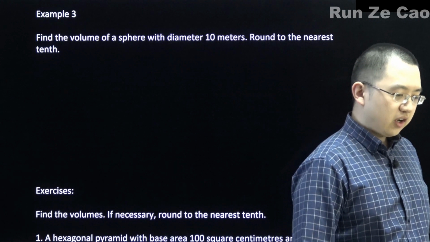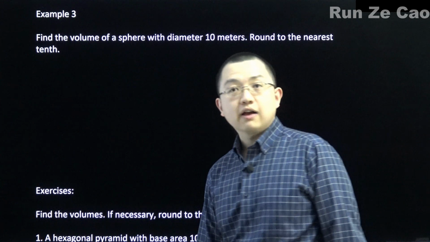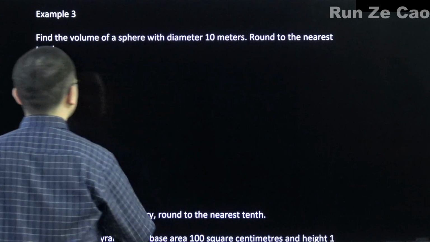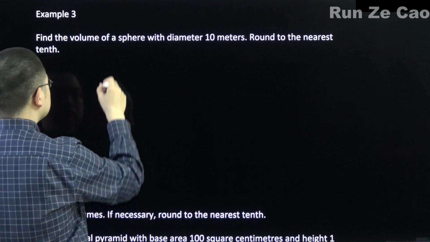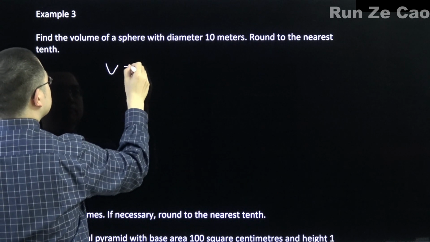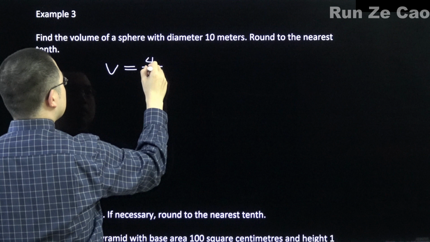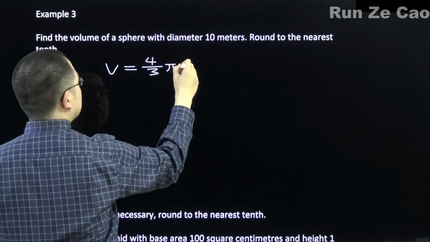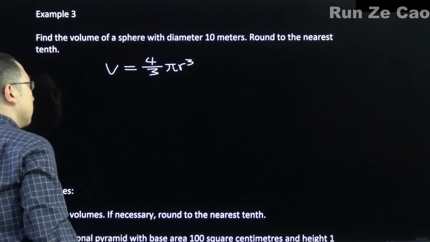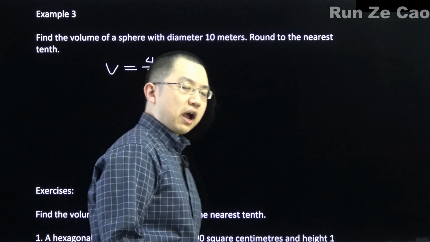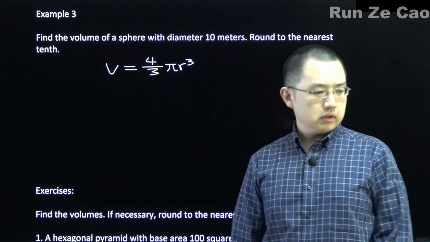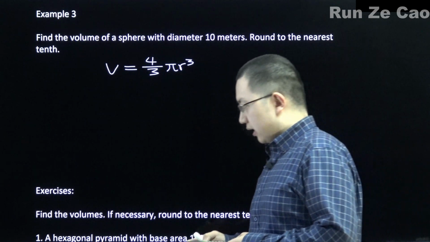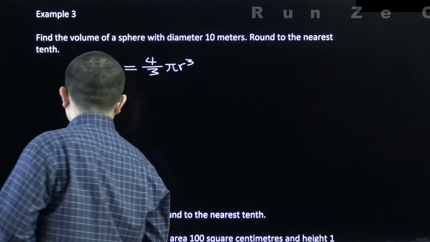Find the volume of a sphere with diameter 10 meters, round to the nearest tenth. Well, okay. The volume of a sphere. The formula is this. V equals 4/3 pi r cubed. Remember this well and write it down. You will find it useful later.